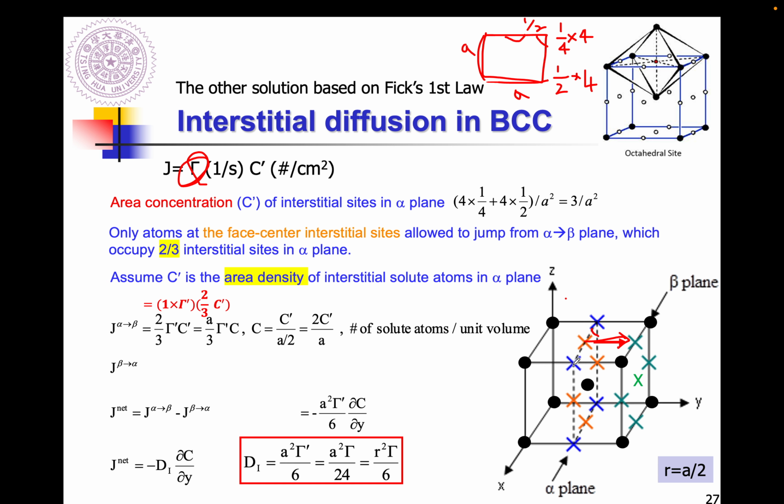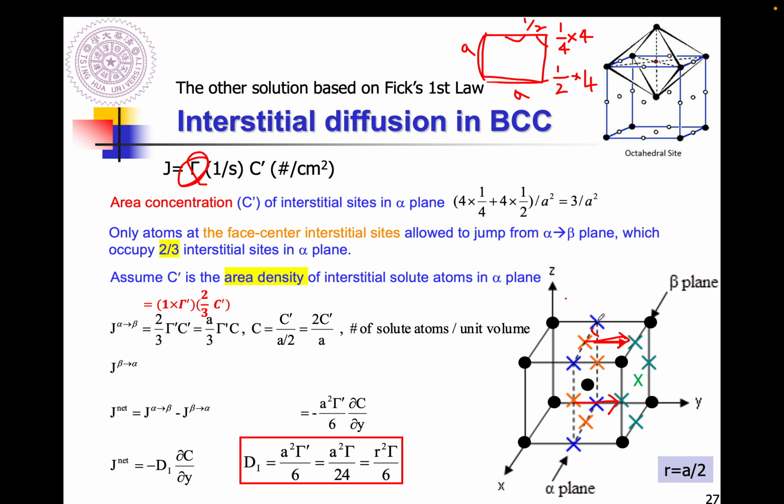If you were a solute atom located here, you cannot jump here, right? So after checking this orange site, you can also make a successful jump to the beta plane here, and the direction is parallel, the same as this one, right? So all the orange sites, if you are a solute atom located there, can make a successful jump to the beta plane in just one direction, along the y-axis.